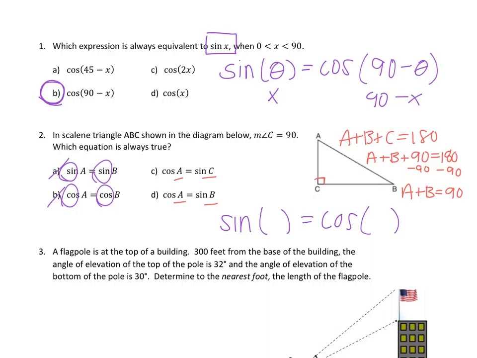So that means that my two angles that are left over, angle A and angle B, sum to 90, which is perfect. That means that I need sine of angle A equals cosine of angle B, or vice versa. These can be flopped around because it doesn't matter which is which as long as they add to 90. So choice D.